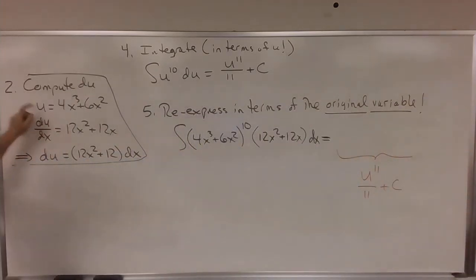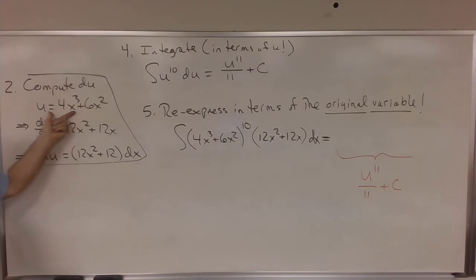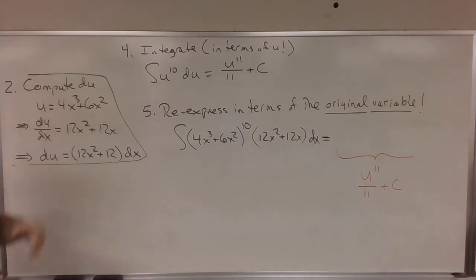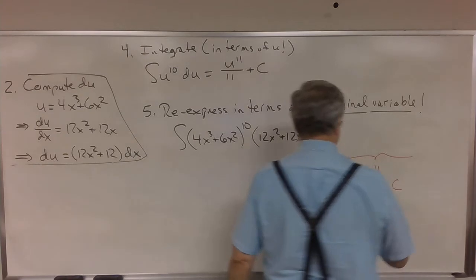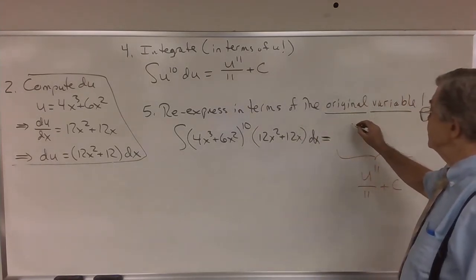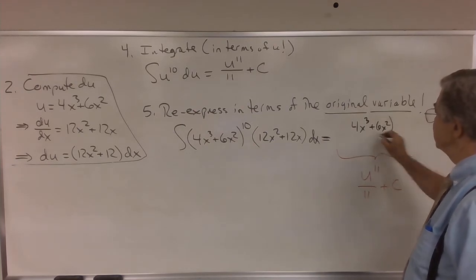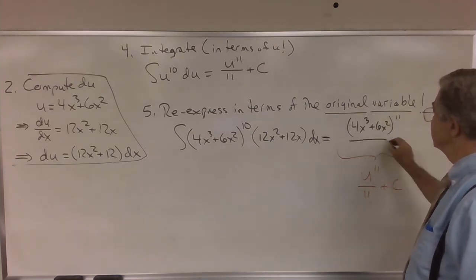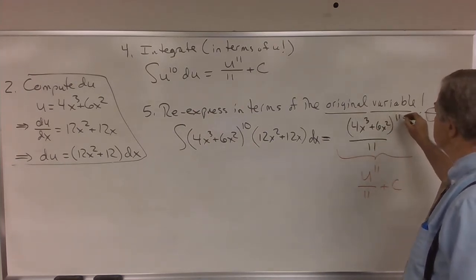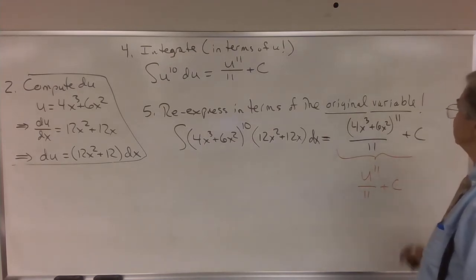Step 2, where I compute my du, has the rate of exchange between u and x. 1u is equal to 4x cubed plus 6x squared. So I have 4x cubed plus 6x squared to the 11th over 11 plus c.